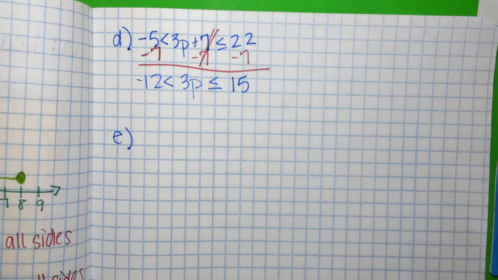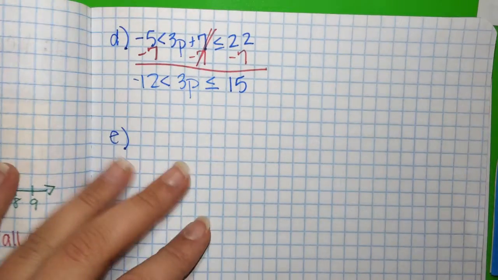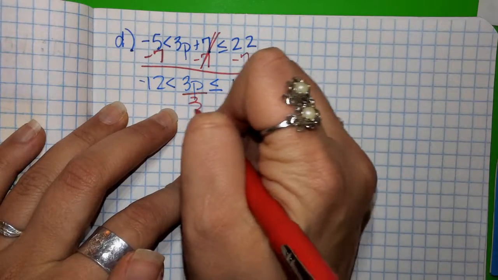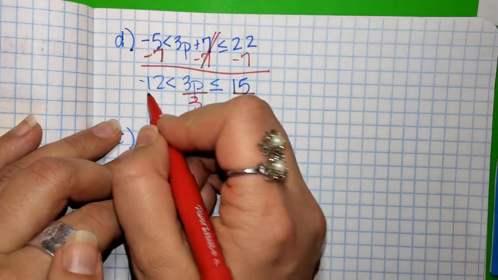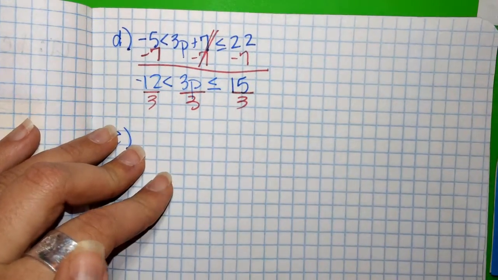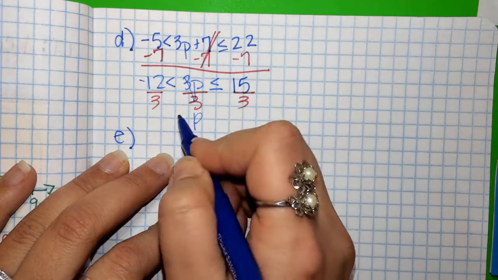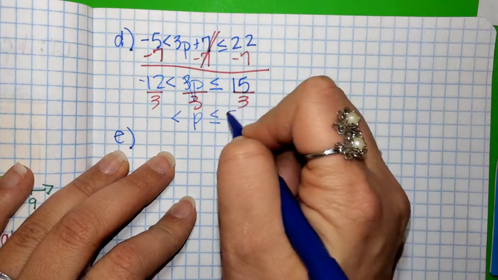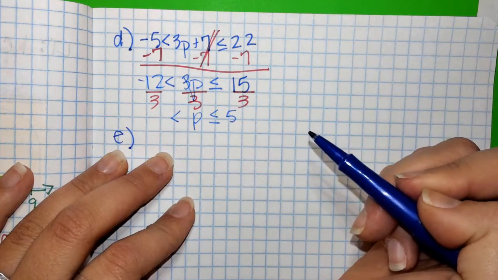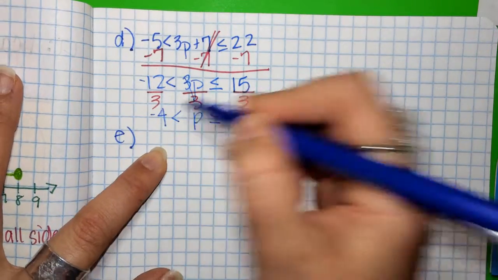Because we didn't multiply or divide by a negative, did we? All right, now what would I do from here? You would divide by 3. Everywhere or just the 15? Everywhere. Do I add the 12 anywhere? No. Do I keep my sign? Yes. What's 15 divided by 3? What's negative 12 divided by 3?